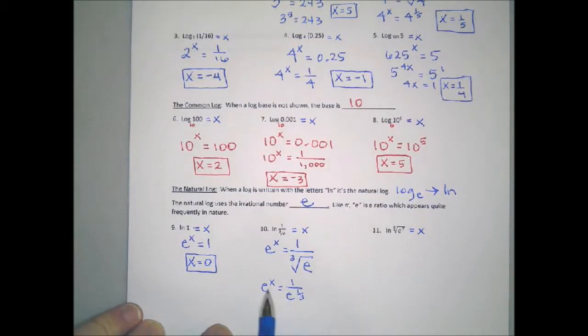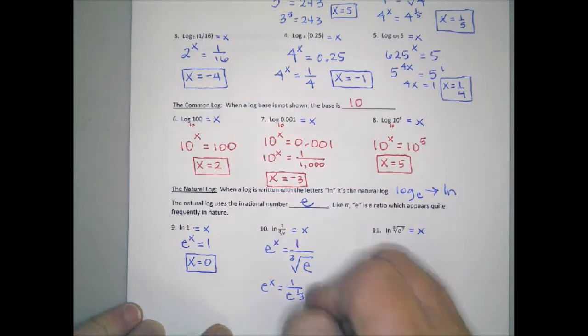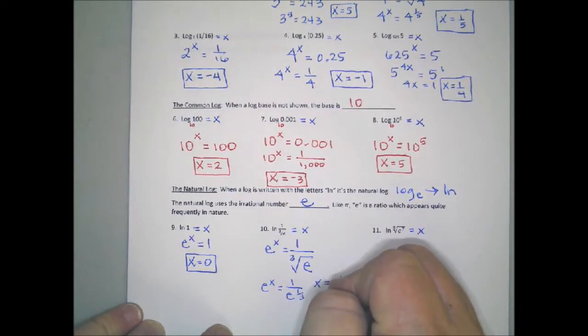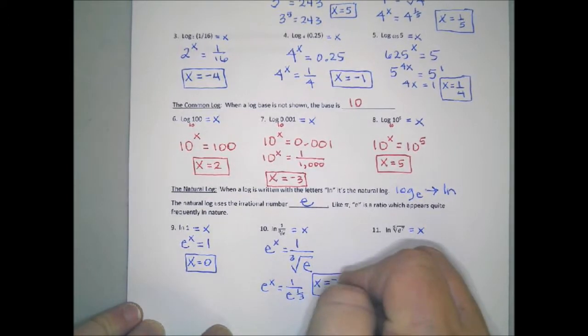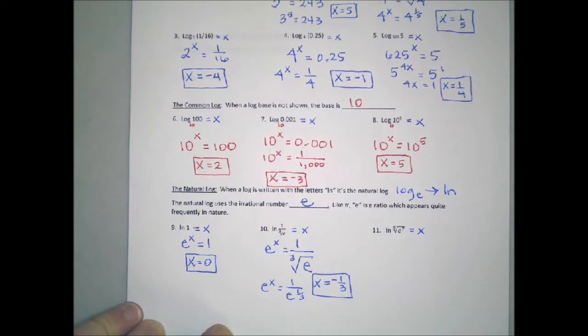It would be e to the 1/3, but it wouldn't just be 1/3, it has to get down to the bottom of the fraction, so that x is equal to the negative 1/3 power. The negative is what drops it down, and then I just need to match my exponents.